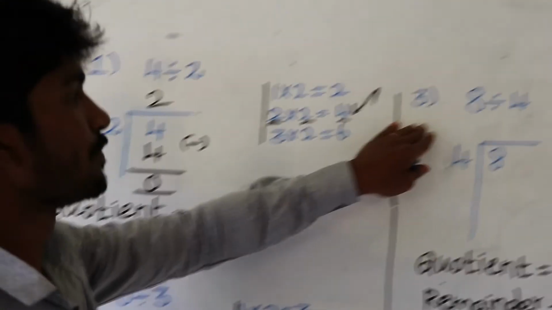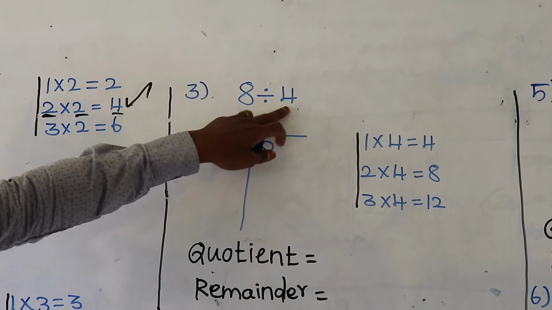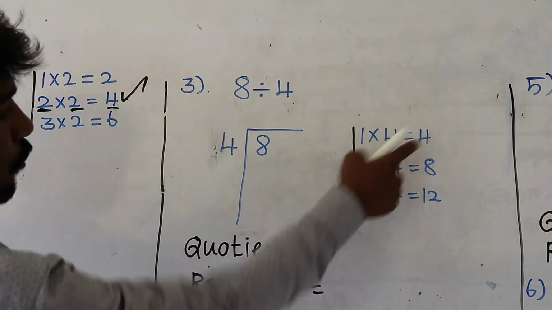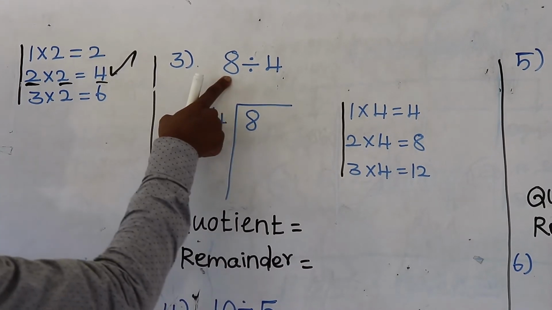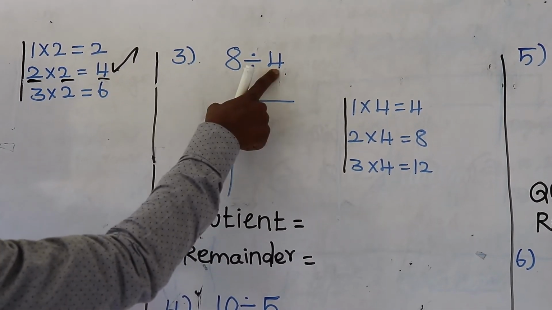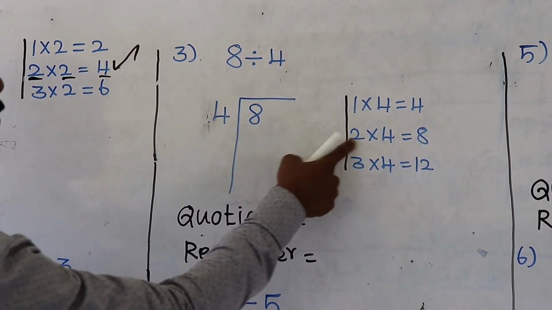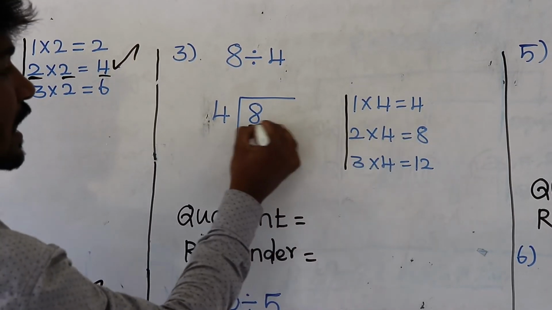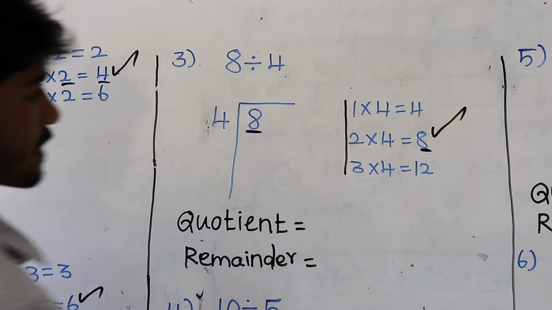Next, third sum, 8 divide 4. Fourth table: 1 4 is 4, 2 4's are 8, 3 4's are 12. Here 8 is the divided value, 4 is the divisor. So how many 4's are 8? 2 4's are 8. This one is possible.